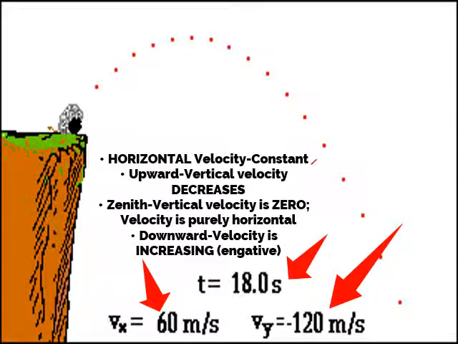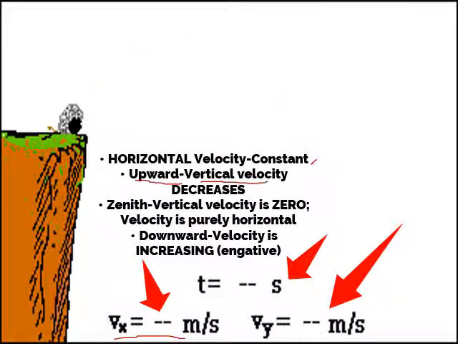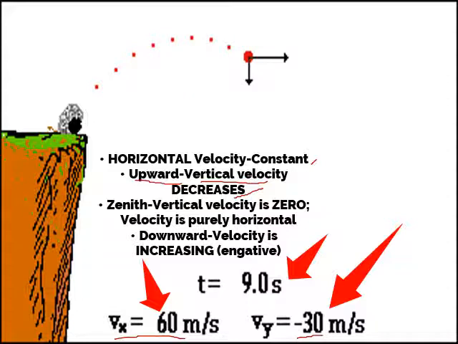Pansin nyo, v sub x, did it change as time or as the seconds went by? Hindi. Therefore, horizontal velocity is constant in projectile case 2. Now, on its upward trip, take a look. Sabi dito, vertical velocity decreases. O, yan, upward, nag-decrease.